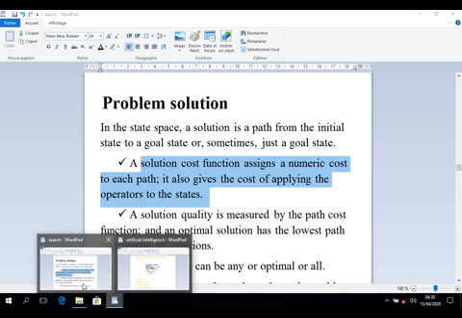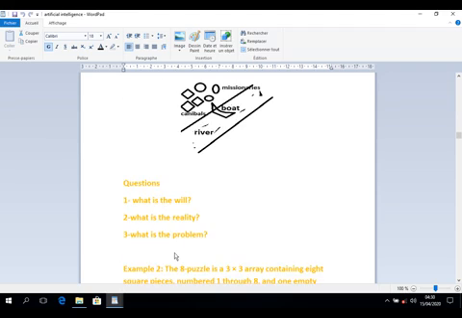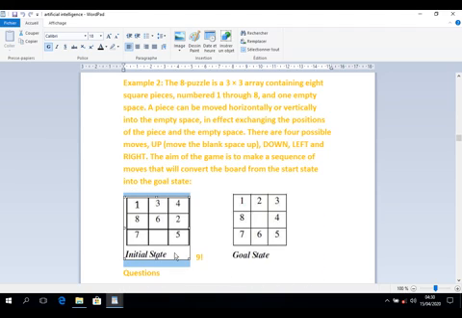Now, the solution to the problem. In the state space, a solution is a path from the initial state to the goal state. It's okay. It means a sequence of actions to transform the initial state to the goal state.